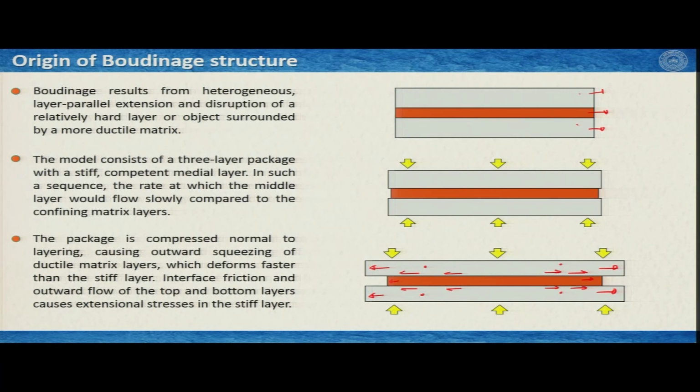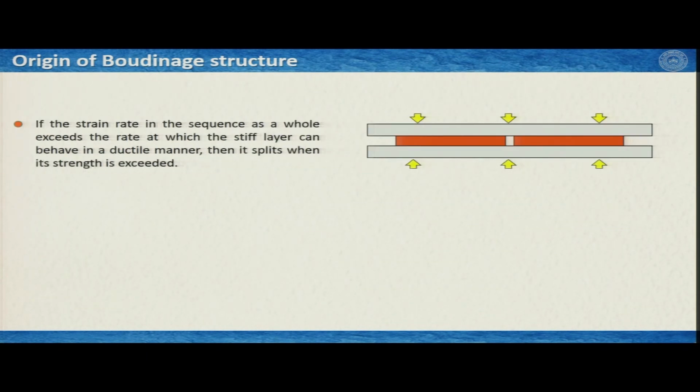Therefore, at a particular condition, this interface friction and the outward flow would produce an extensional stress in the stiff layer. So, you have some sort of stress in this direction, and if the strain rate in the sequence as a whole exceeds the rate at which the stiff layer can behave in a ductile manner, then it splits when its strength is exceeded.